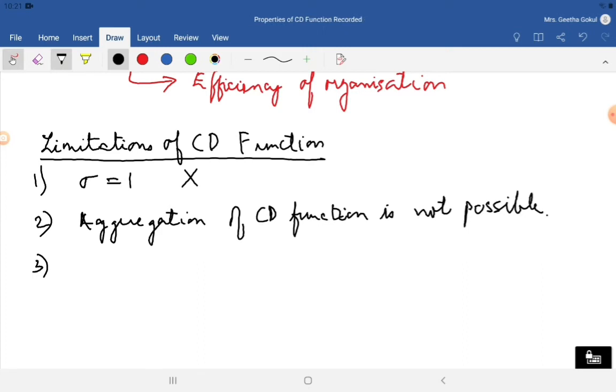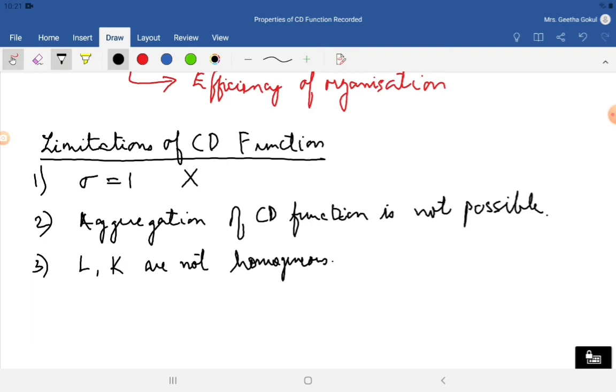Similarly, we know from experience and from empirical testing that labor and capital are not always homogeneous. And the Cobb-Douglas function essentially rests on the assumption that all units of labor and all units of capital are homogeneous. We know that even amongst labor, there are different types of labor.